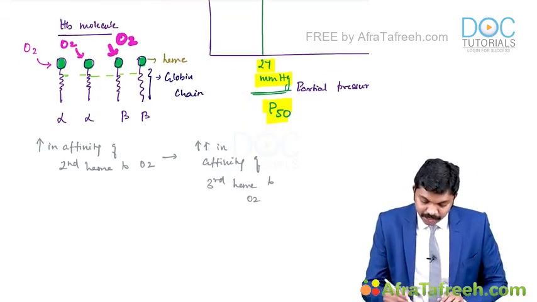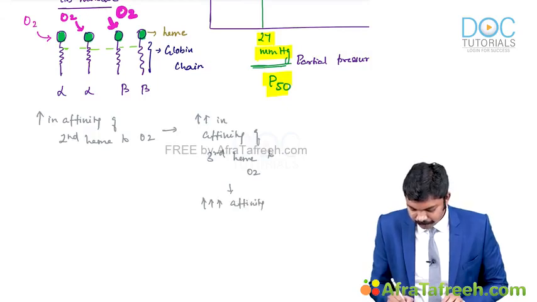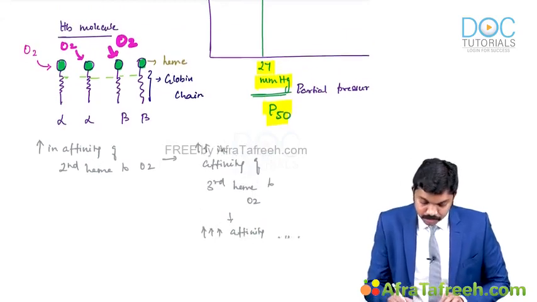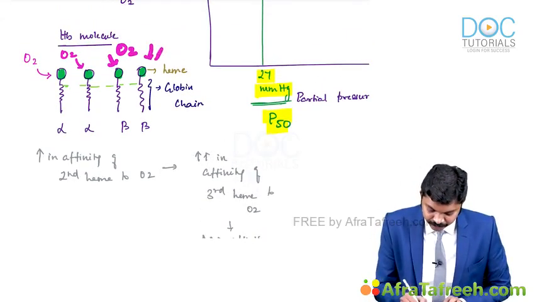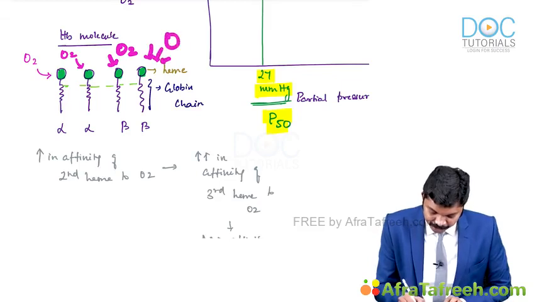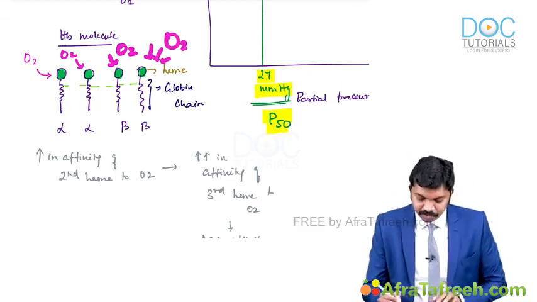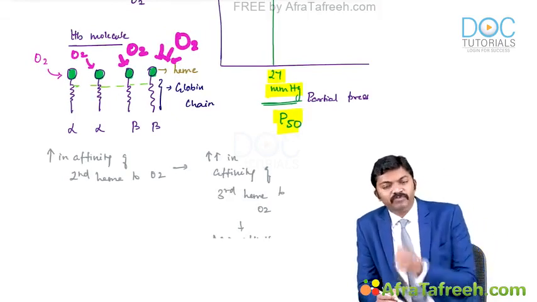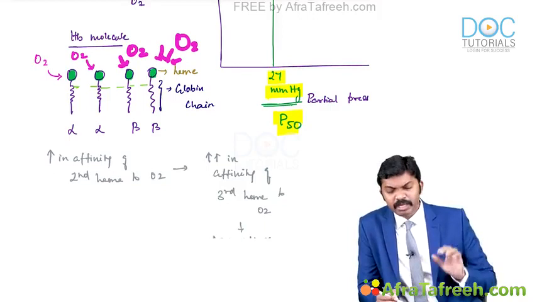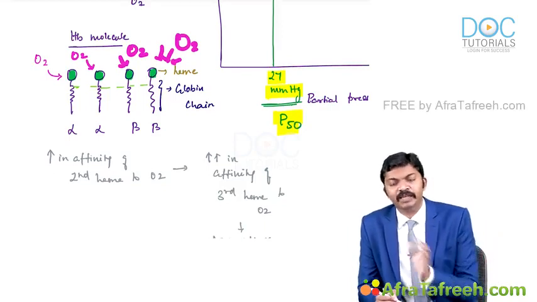And this leads to severely increased affinity of O2 for the fourth heme. So there is a significant increase of oxygen binding for the fourth heme. This continuous progressive increase in affinity of oxygen for a hemoglobin molecule occurs with every single molecule of oxygen binding to every single heme.